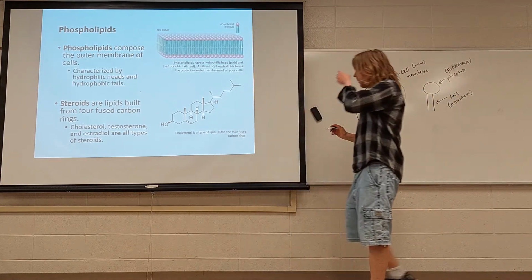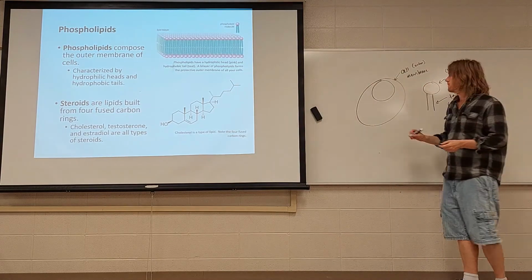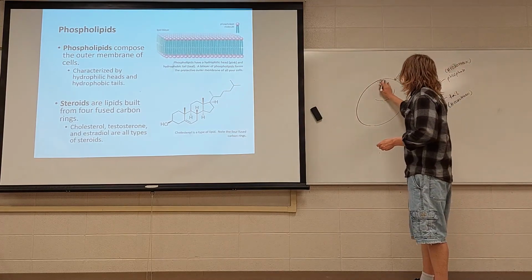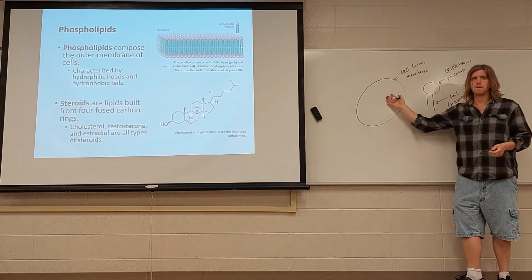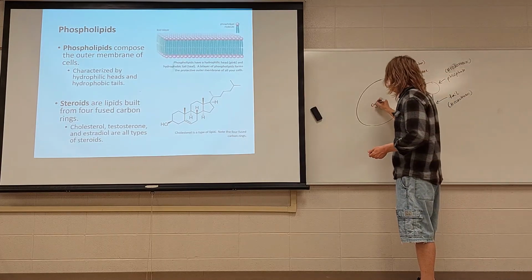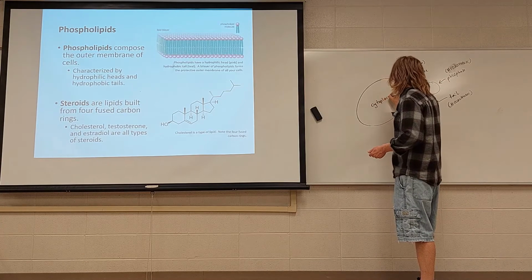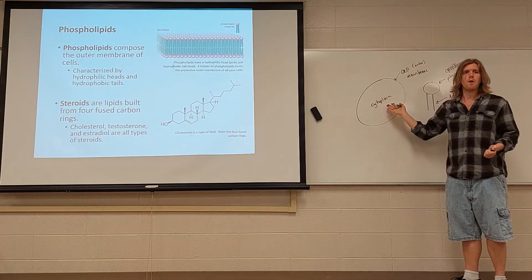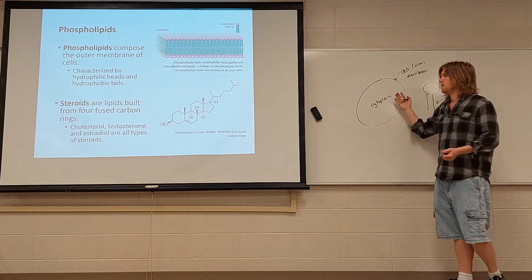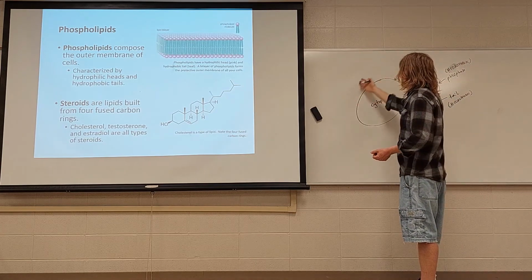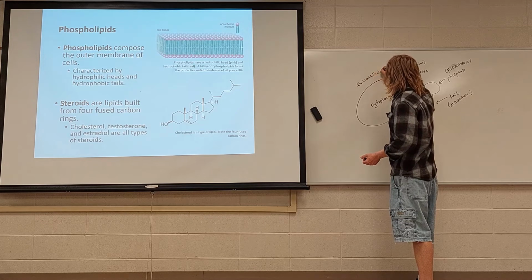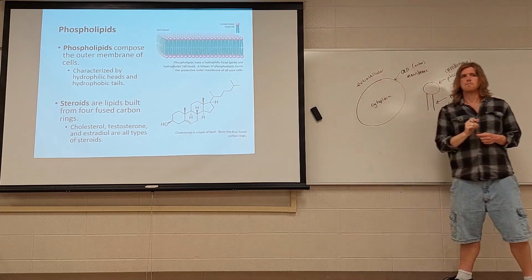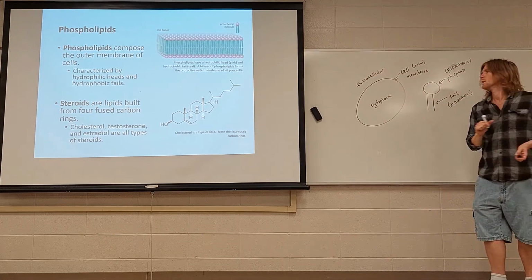So if you look at a cell and the cell's environment, inside the cell, this is called the cytoplasm. This is mostly water. And if you look outside the cell, this is the extracellular environment. This is also mostly water.